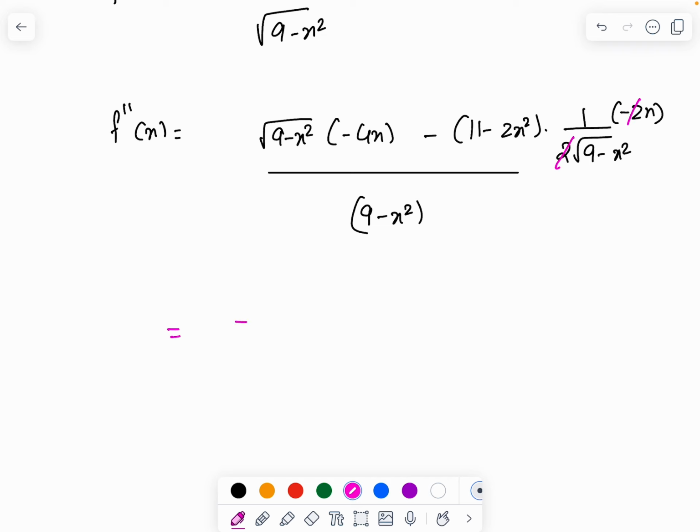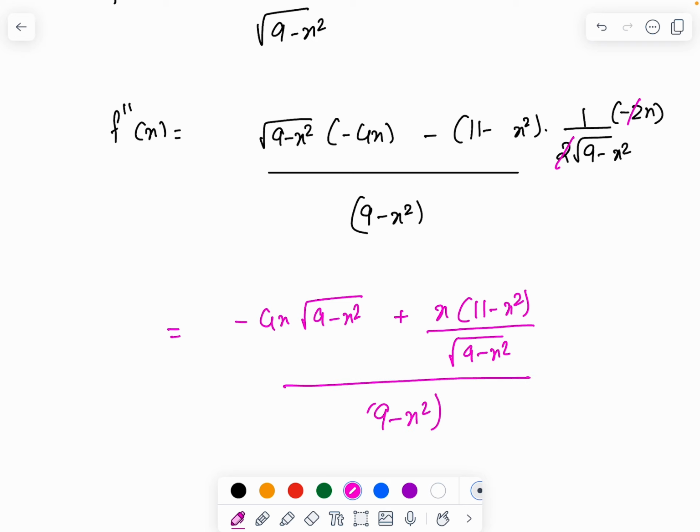So what does it become? Minus 4x times square root of 9 minus x square plus x times 11 minus 2x square upon square root of 9 minus x square, divided by 9 minus x square.